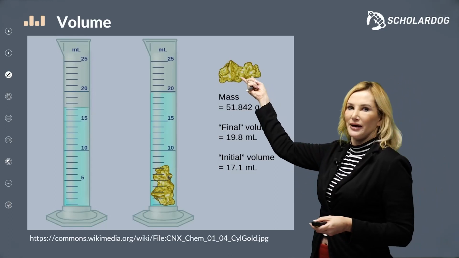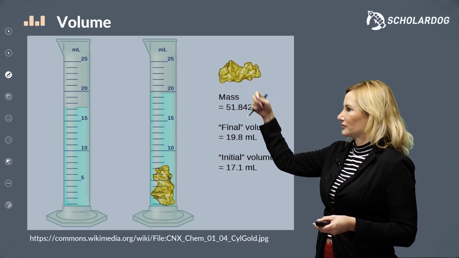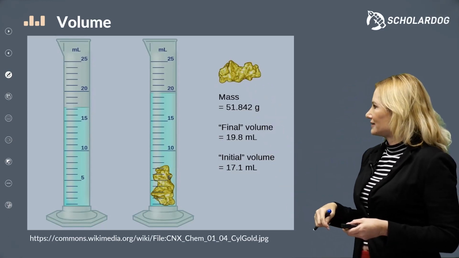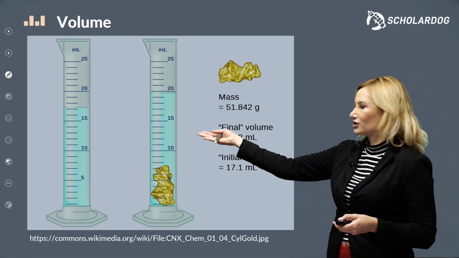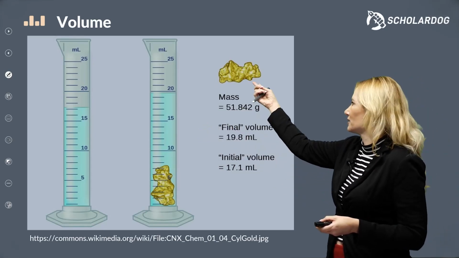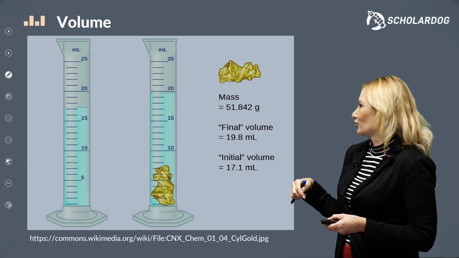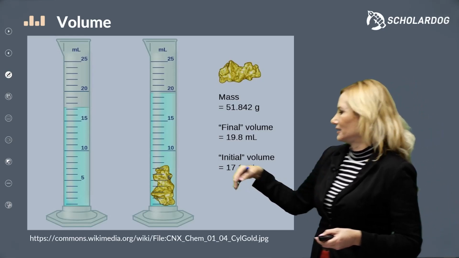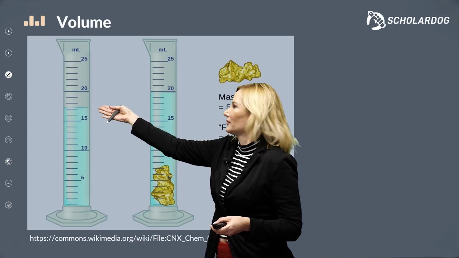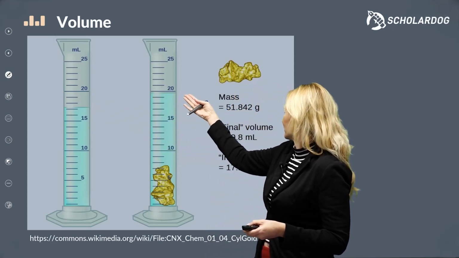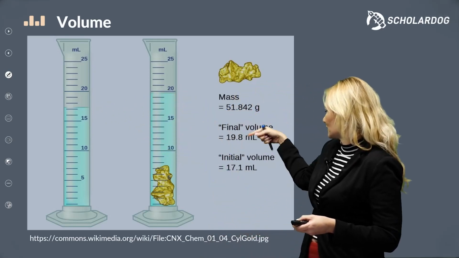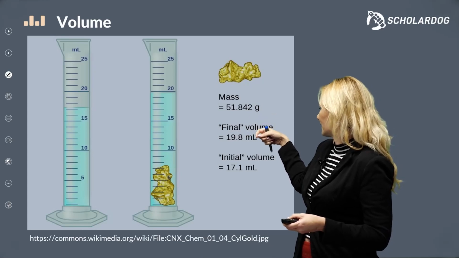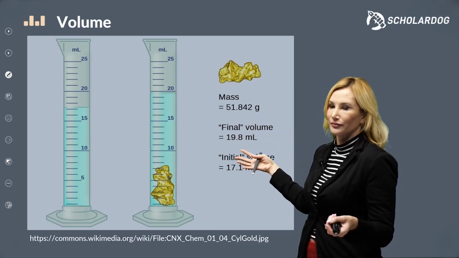So here is my lump of gold. And if I take a cylinder that has enough water in it to completely submerge the gold, I can read an initial, I can read a final, and if I subtract the two, I can get the volume.